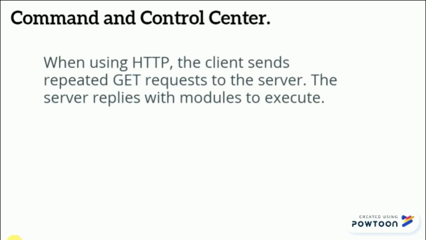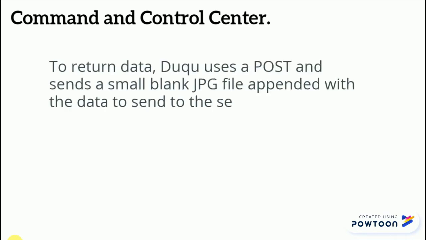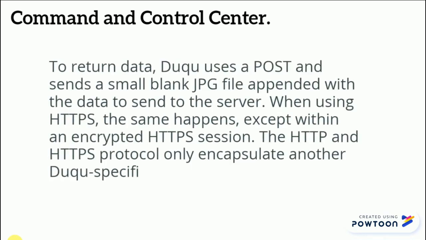The server replies with modules to execute. To return data, Duqu uses a POST and sends a small blank JPG file appended with the data to send to the server. When using HTTPS, the same happens, except within an encrypted HTTPS session. The HTTP and HTTPS protocols only encapsulate another Duqu-specific custom protocol.